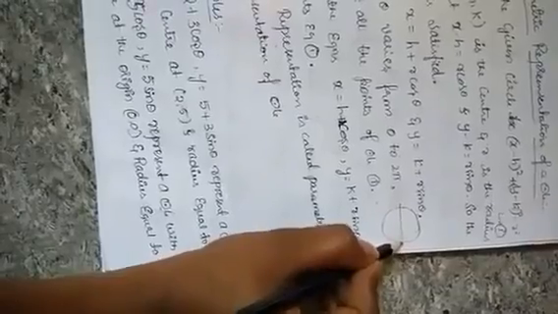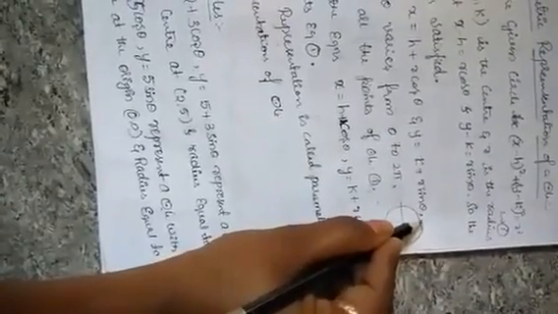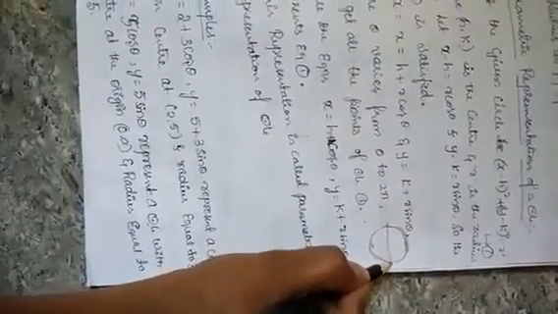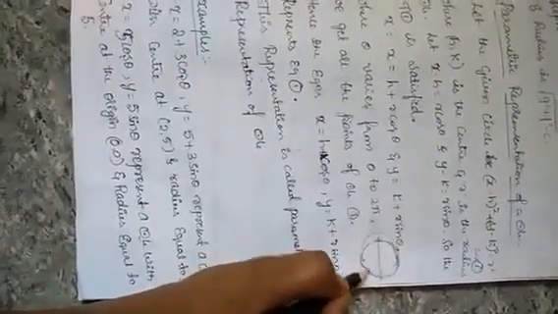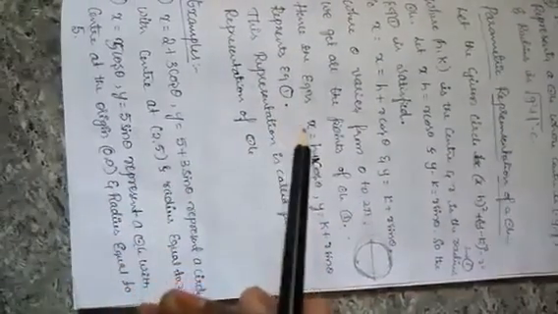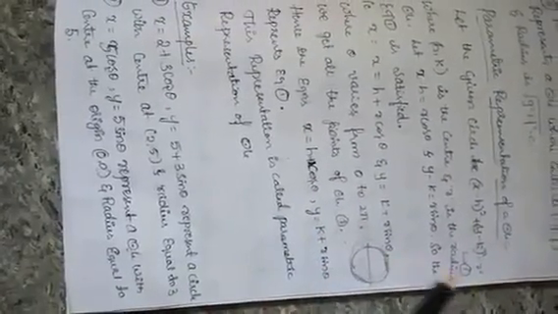Starting from 0, it goes to pi by 2, pi, 3 pi by 2, and 2 pi. As theta varies from 0 to 2 pi, we get the complete circle, all the points of the circle. Hence the equations are x is equal to h plus r cos theta and y is equal to k plus r sin theta. This representation is called the parametric equation of a circle.